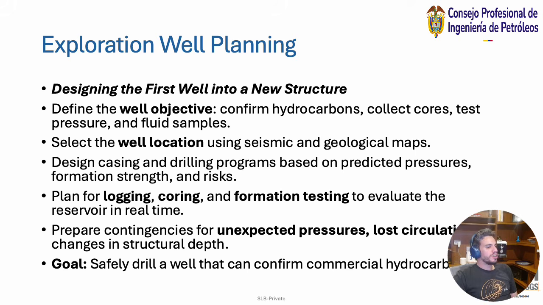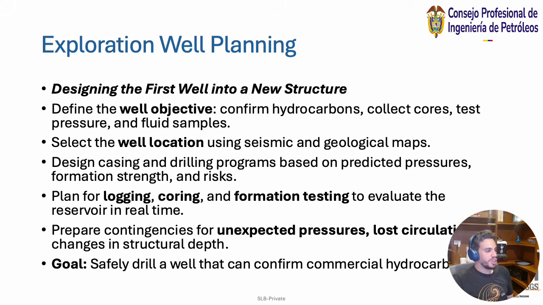So, moving on to the exploration well planning, which is kind of the final stage of the exploration subcategory in the life cycle of a well, and we're basically deciding what the first well is going to look like. The objective of this well is, first of all, to confirm that we can actually make money.